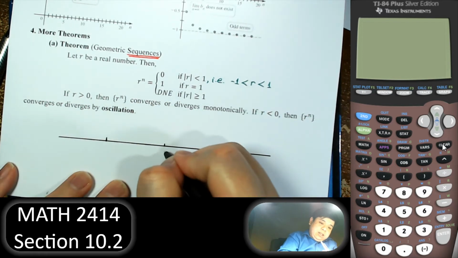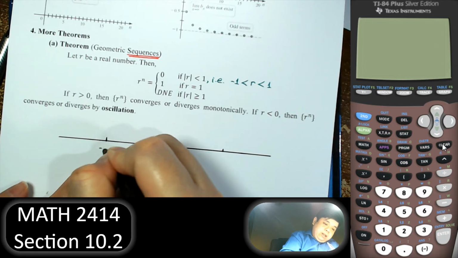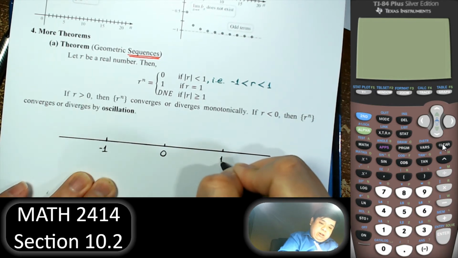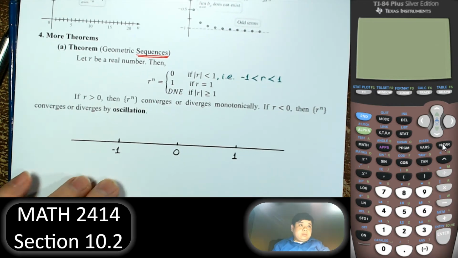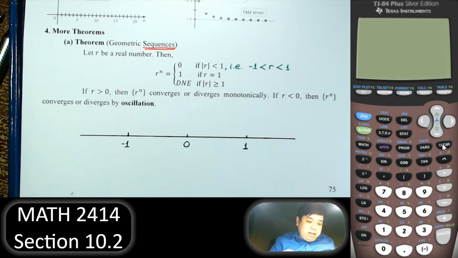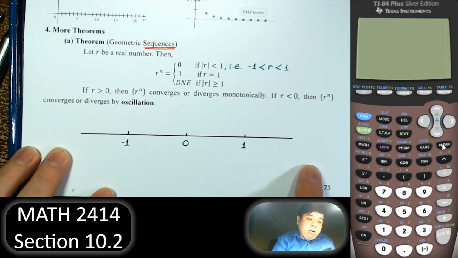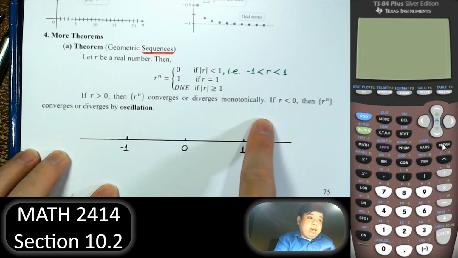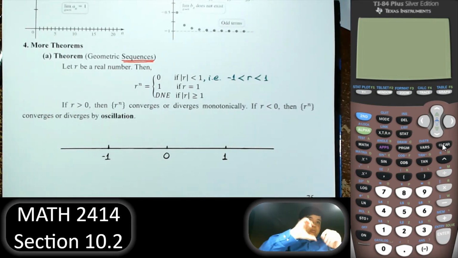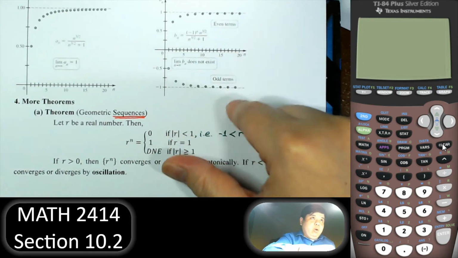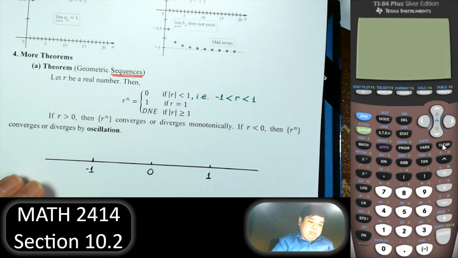Right. I say 0, -1, and 1. It says that anything above 0 is monotonic, meaning that it will not jump up and down. Those are called oscillation.